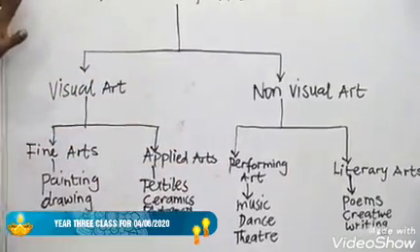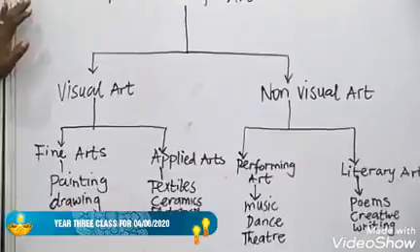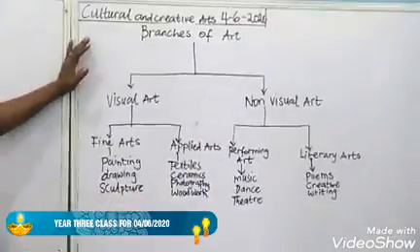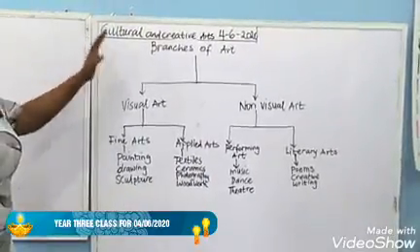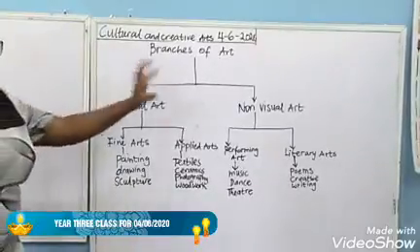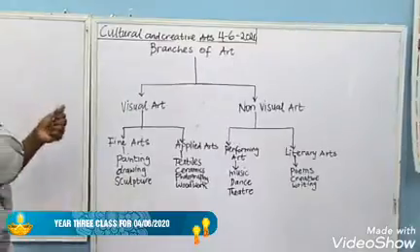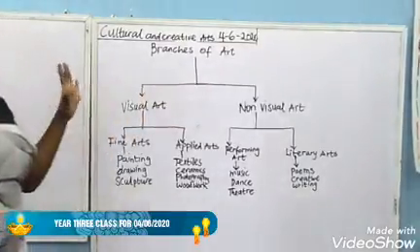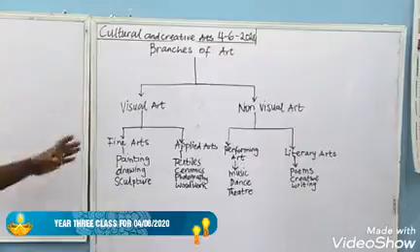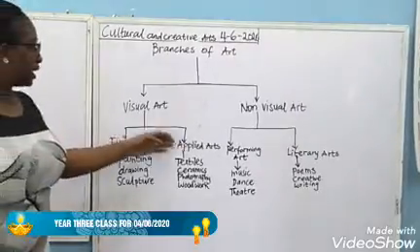So let's study the diagram carefully so that we can understand the different branches of arts we have. The two main branches of art are the visual and the non-visual art. The visual art is what we can see, feel and touch, while the non-visual art are the abstract form of art that we cannot see. Under visual arts, we have fine and applied arts.